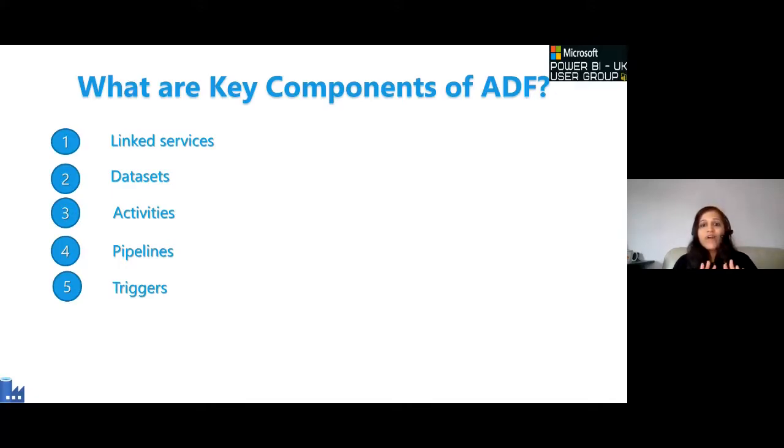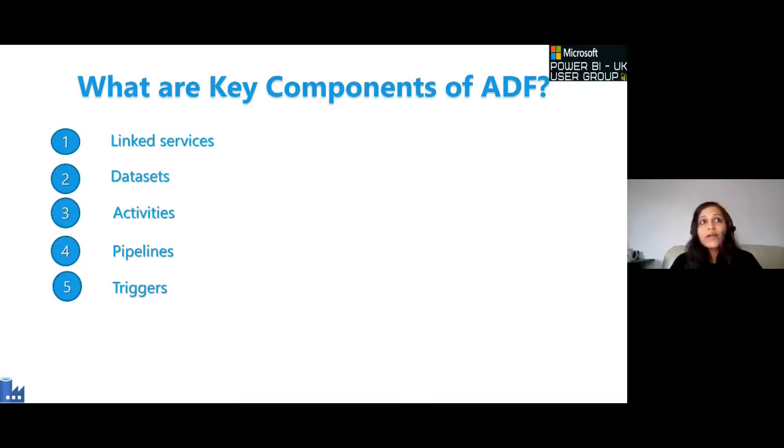So these are the five main components of your Azure Data Factory. Apart from this, there is one more, which is integration runtime. But at the beginner level, you don't need to worry about integration runtime. And even if you need to create it, you can create it very quickly, a few button clicks away. Azure Data Factory will provide a default one, which is the auto-resolve integration runtime, which is nothing but compute infrastructure.